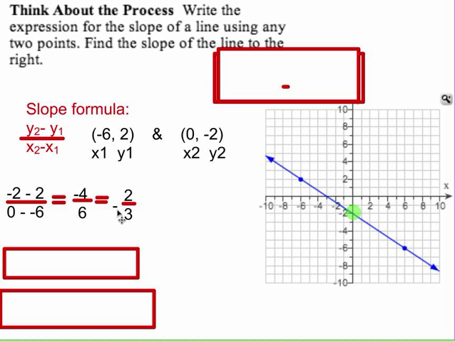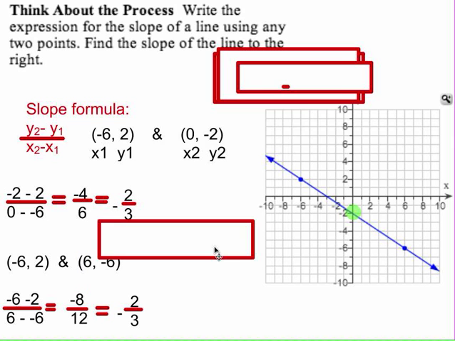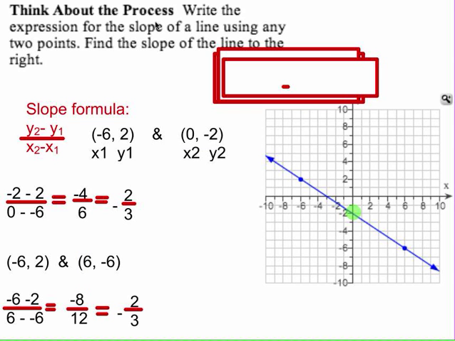Now just to prove to you that you can use any 2 points, I'm going to use the 2 points that they highlighted. One being negative 6, 2, and the second point, 6, negative 6. Plug those in. I get negative 6 minus 2 over 6 minus a negative 6.